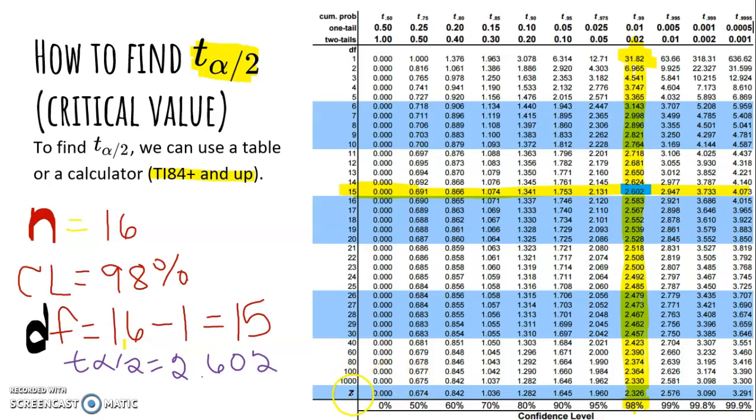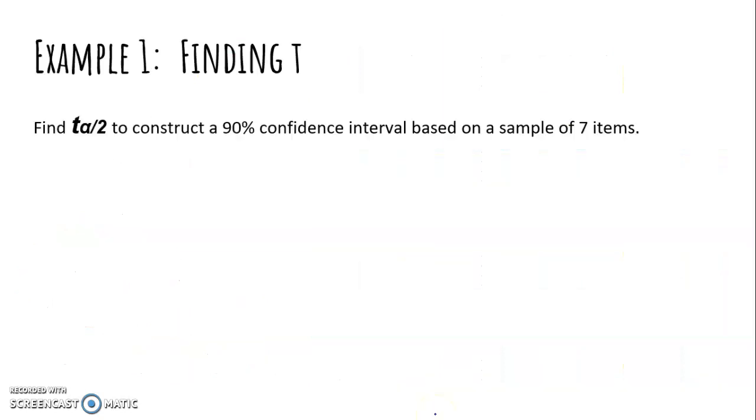So for 1,001, the degree of freedom would be 1,000, use that. Anything above 1,000, though, for degree of freedom, use the Z.